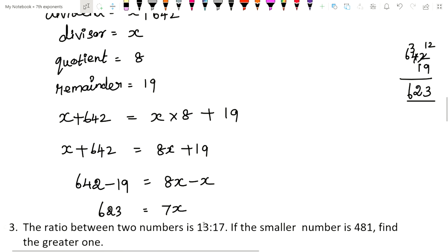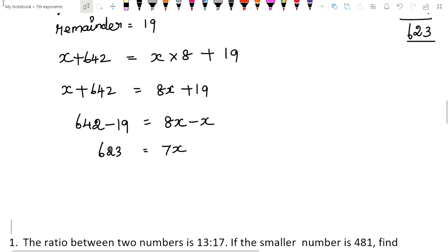Now we are going to find the x value. So x equal to, the multiplication will change to division. So 623 by 7. Okay. So when we divide this, what will you get?